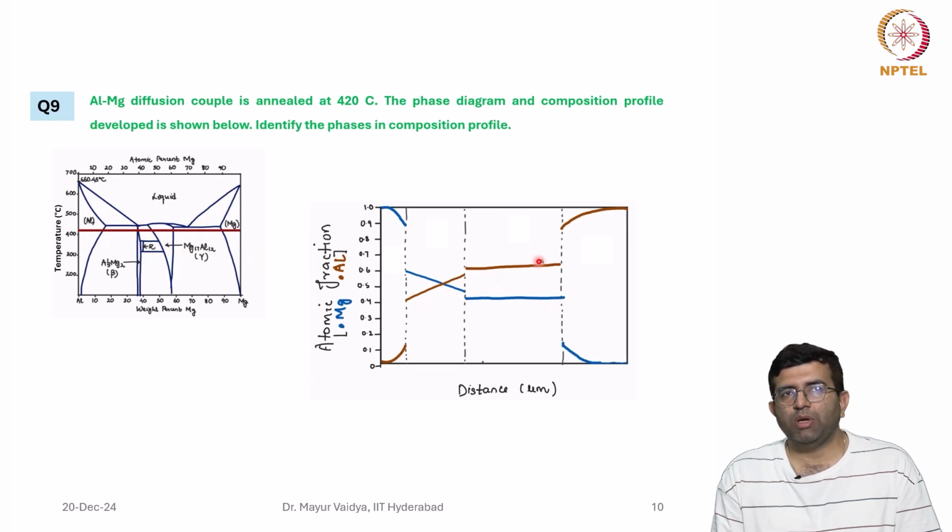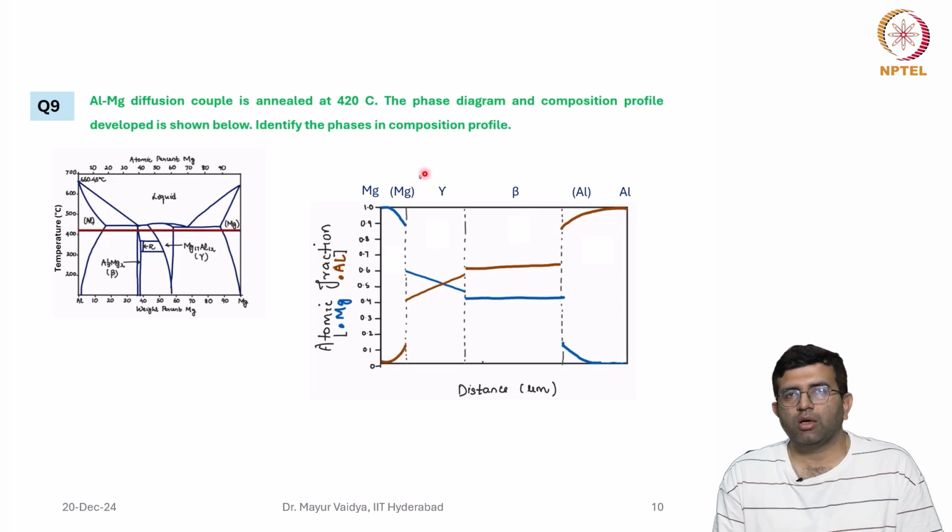Next to beta, the solid solution is aluminum, and next to gamma, the solid solution is magnesium solid solution, and then the small horizontal portions should indicate the end members. So you can identify this is magnesium, then this is magnesium solid solution indicated with brackets, then the gamma phase, beta phase, again aluminum solid solution, and then pure aluminum.